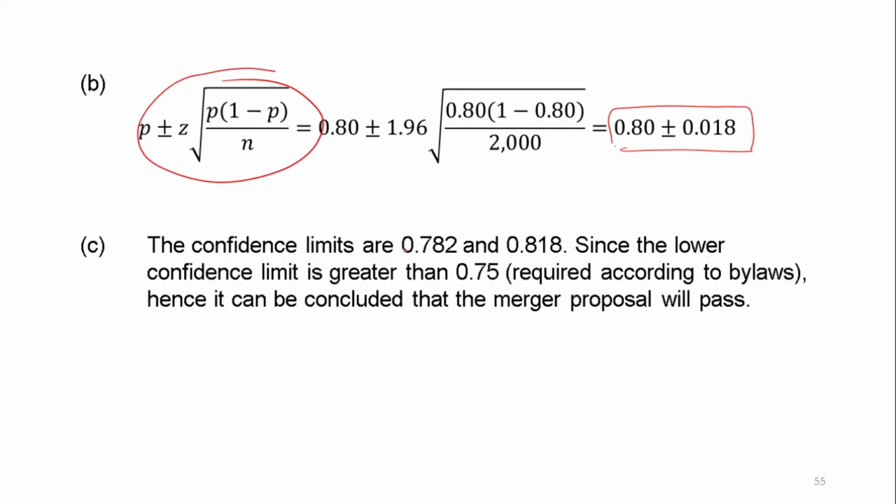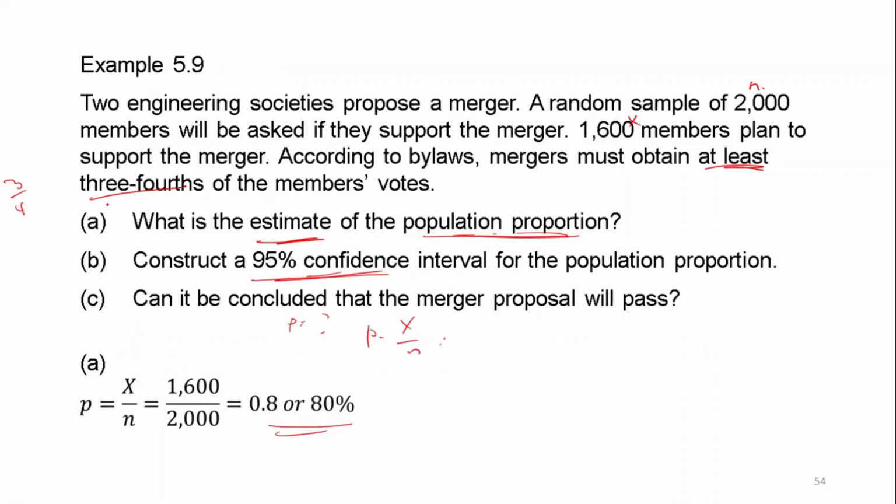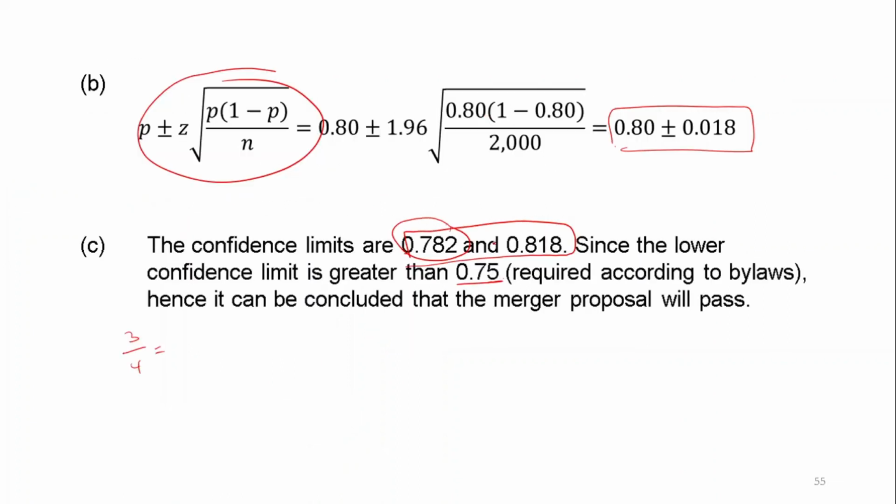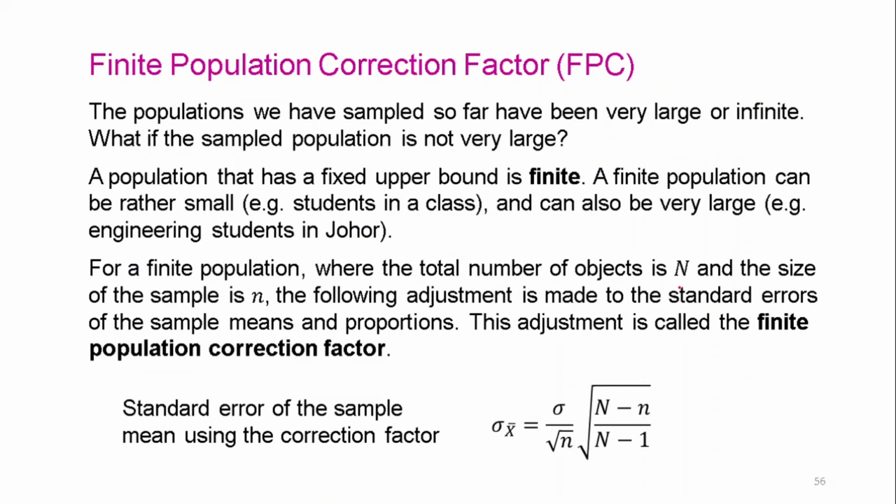The confidence limits are between these numbers. Since the lower confidence limit is greater than 0.75, which is 3/4, they pass, because according to the law, 3/4 must vote for the merger. So since this limit is greater than 0.75, we can say that the merger proposal passes.